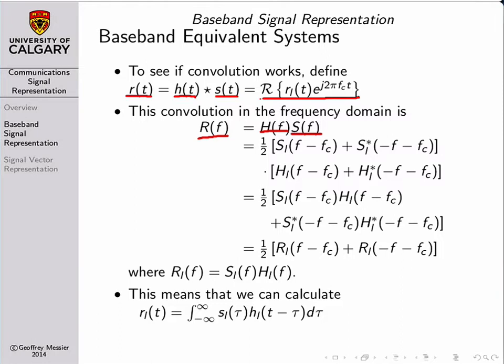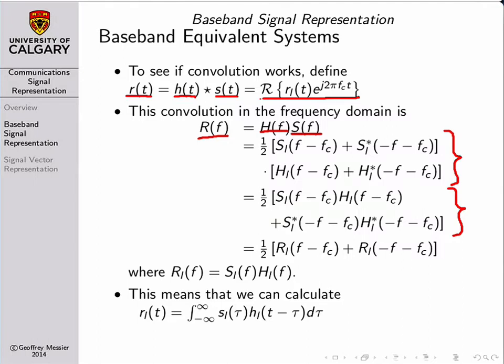And so what I do at this point is I just expand out the expressions for that passband signal and the passband system as consisting of their baseband equivalent signal spectra centered at plus or minus Fc. And then this part of the expression is just what we get when we expand out our brackets.